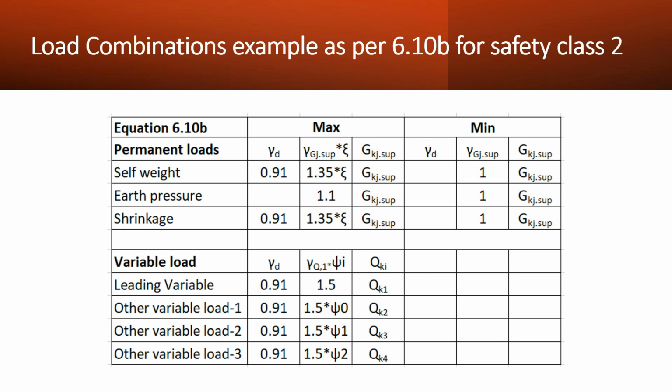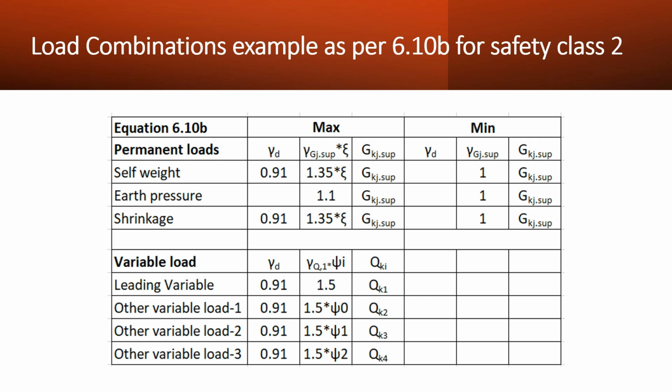This zeta value can be different in different national annexes. Earth pressure, as I told you in the previous slide, is a geotechnical load, so we'll use the set C equation coefficient. For shrinkage, your safety class factor will remain the same, and your 1.35 factor will be multiplied by zeta also. And for the mean value, there will be the same coefficient.